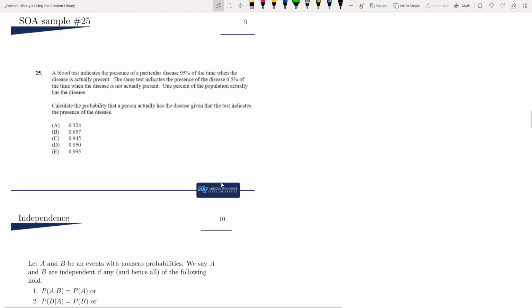So this one is basically a conditional probability. You can start writing Y as a positive test result. Then you can write D as disease present.